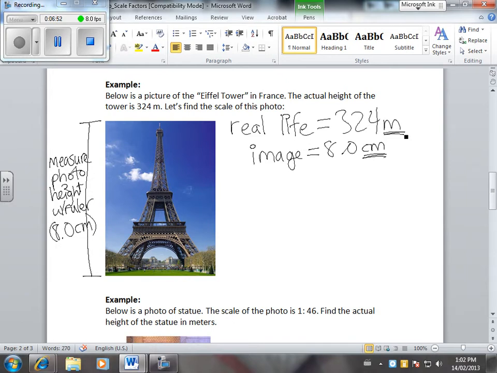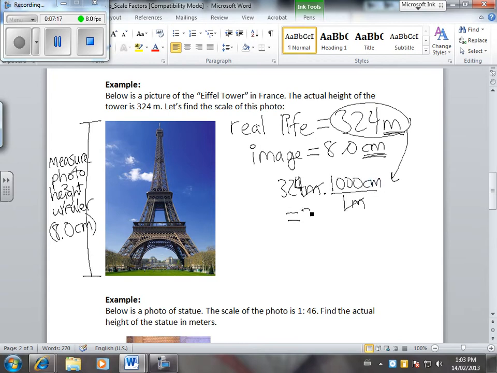So let's convert this 324 meters into centimeters. We'll put meters on the bottom. How many centimeters are in a meter? Remember that there are 1,000 centimeters in a meter.